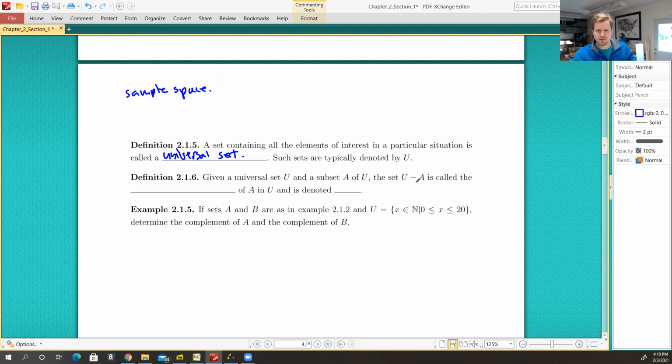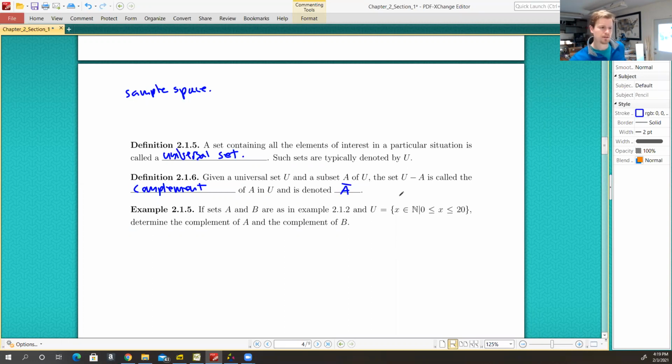When we have a universal set, this difference is actually called a complement. So it is the complement of A in the universal set U, and it's denoted by A bar. If you see A bar, that means that we're working within a universal set.